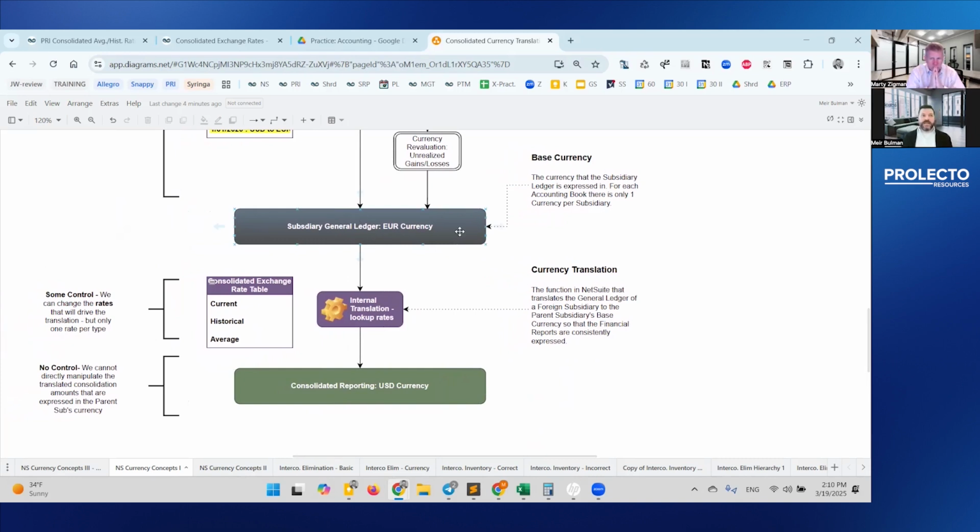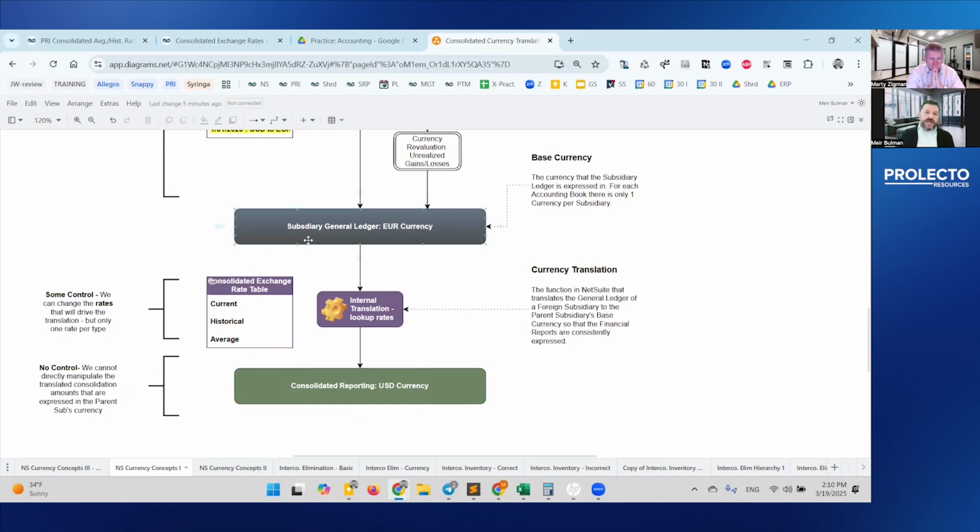And when you're consolidating, you have to compare those numbers, that euro subsidiary's numbers, to the other subsidiaries when you want to consolidate and see the whole group all as one. So obviously it needs to be apples to apples. You've got to compare in the same fundamental unit of measure so that the numbers make sense, right? Just basic arithmetic. And so you have to have a way of converting this euro subsidiary's ledger into the USD currency, which is their reporting currency for consolidation. That's just the basic background.